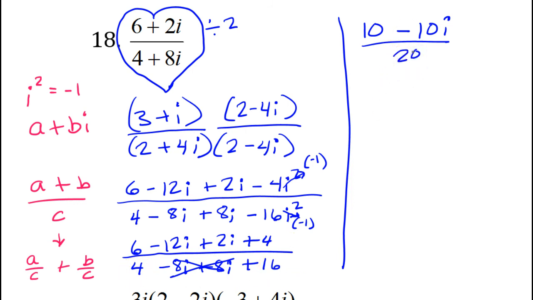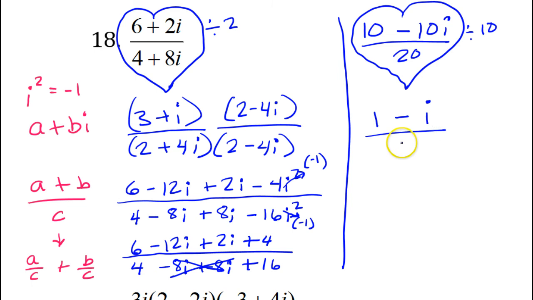So I have this. Now notice that all three of these are divisible by the same number. All right? All three of these are divisible by 10. So if I do that, that's going to give me 1 minus i over 2.